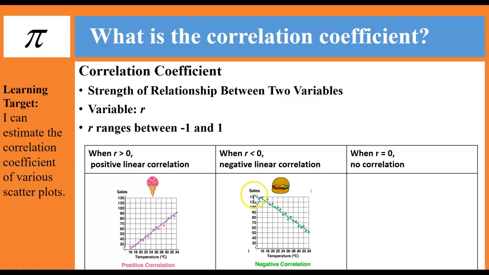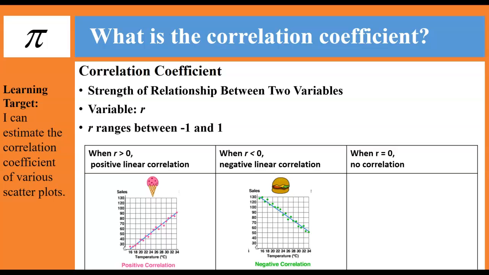In this case, the hotter it gets, the fewer people want hamburgers. My data is still very line-like, but the slope of that line is negative. As one value gets larger, the other value gets smaller. That's what a negative linear correlation looks like.